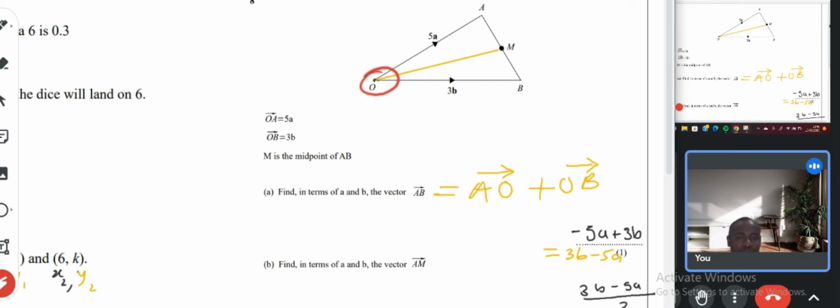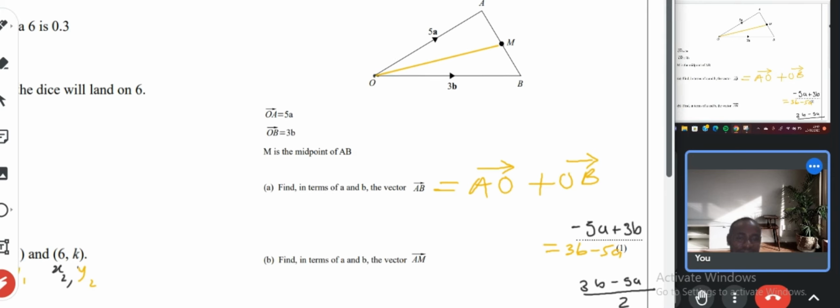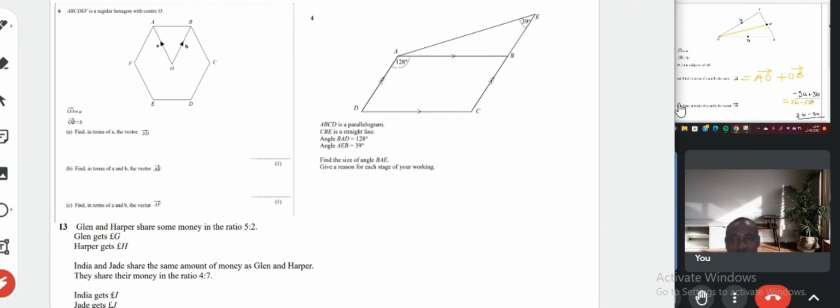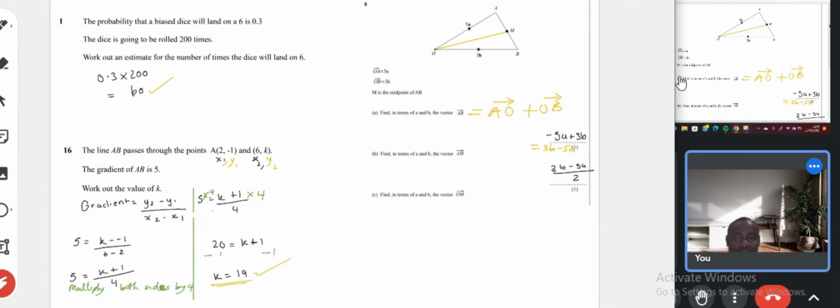If you want to walk from O to M, how will you go? You have to follow known paths, isn't it? You have to follow known paths. How do you go? Let me see if the next question is on vector too. All right. So let me zoom in a bit.